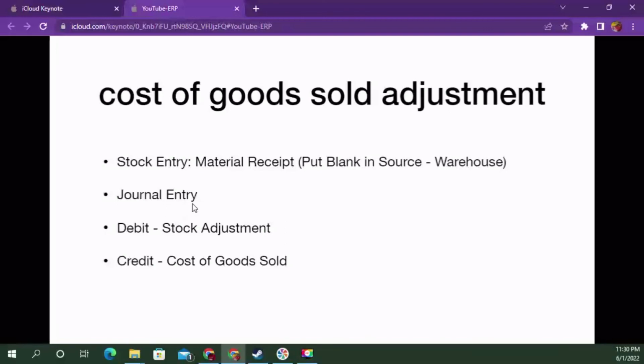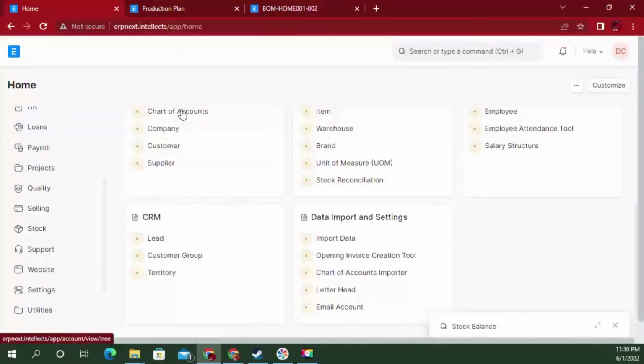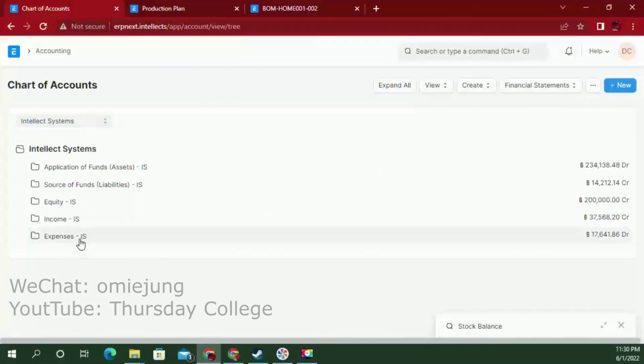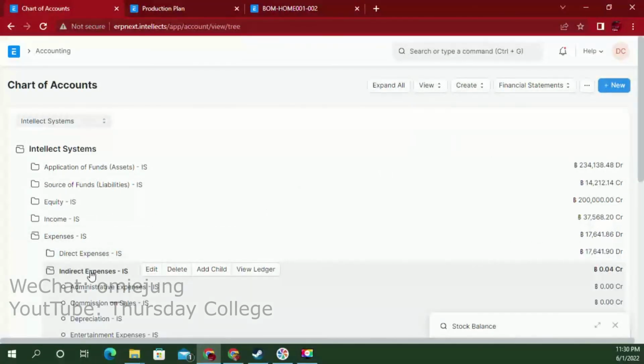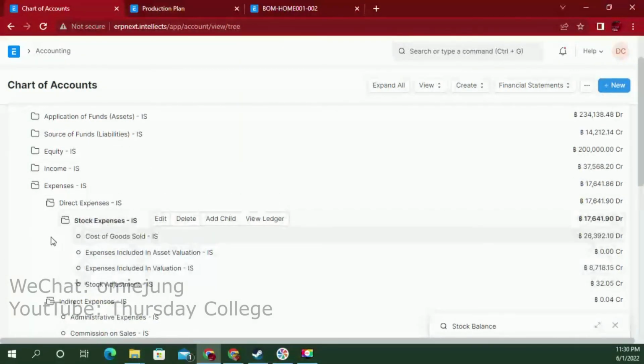we need to do the journal entry, because the value is mismatched already. When you look in the accounting book, there is going to be a stock adjustment. As I just showed you, we go back to the accounting book, the chart of accounts, and you see the expense, indirect expense, maybe direct expense, or stock expense.